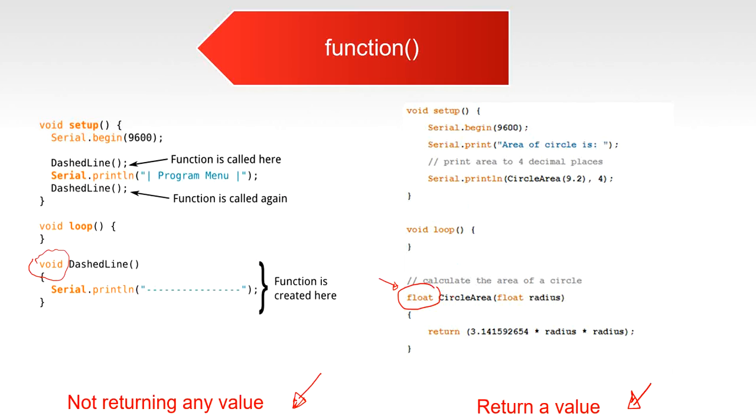In contrast, if we call the function circle area, it will return the value to the one that called it. So if we call circle area with 0.2, the 0.2 will be sent to the function, and the value will be put in here, and then the operation will be executed to calculate the result.